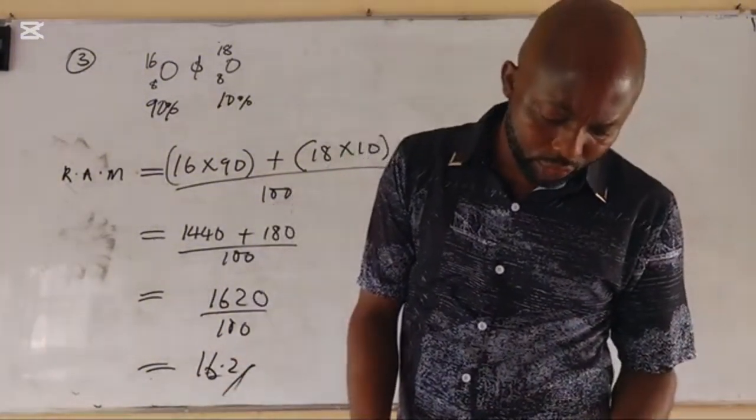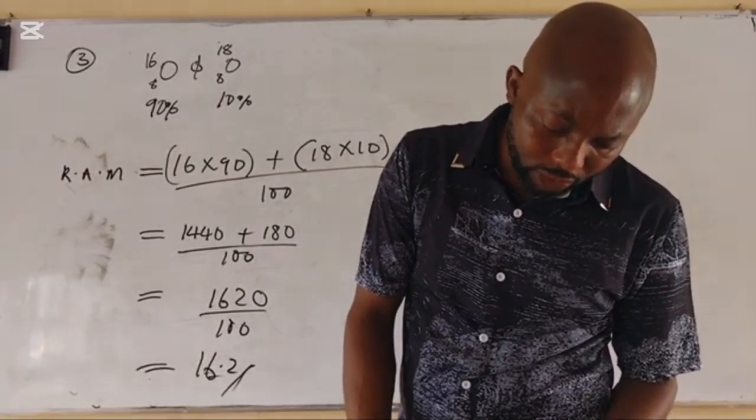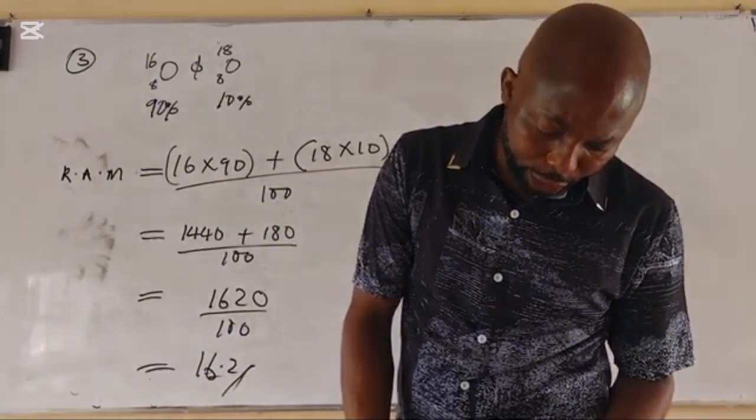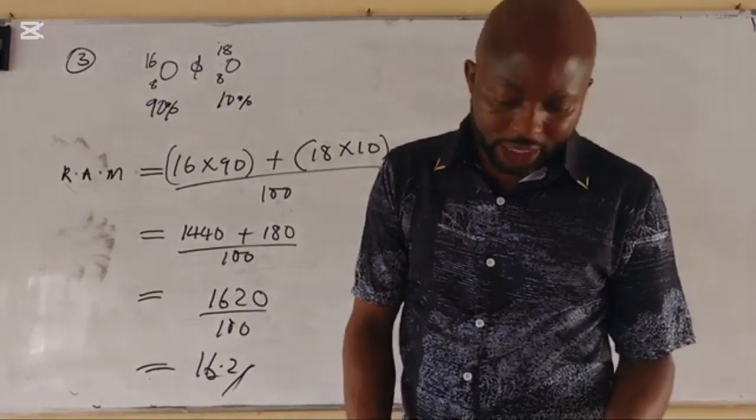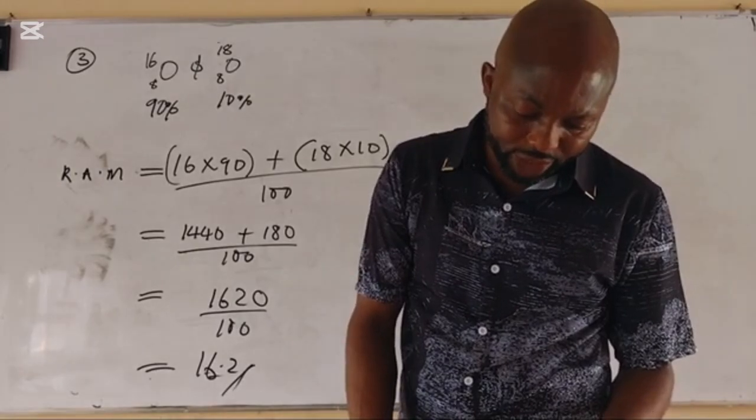Now let's take the next question. Different isotopes of an element are found in the following percentages: 9.0%, 0.3%, and 90.7%.